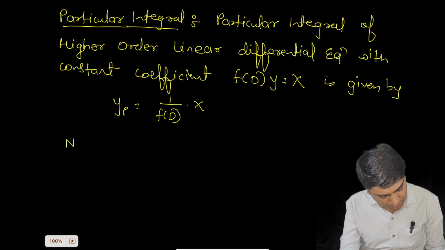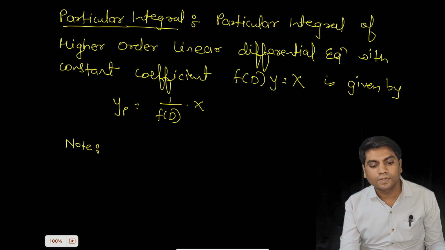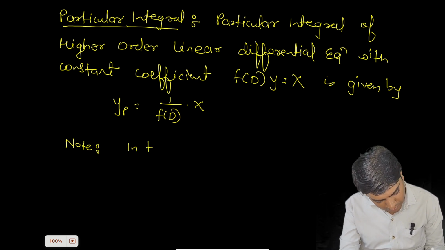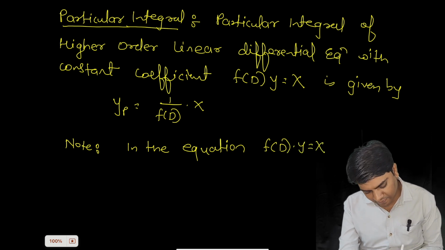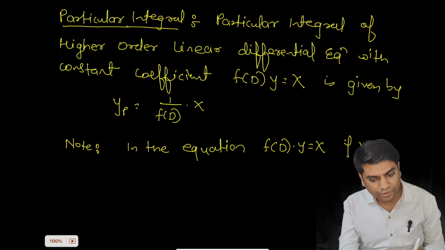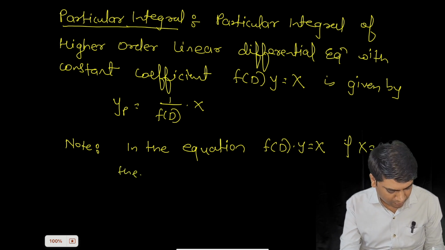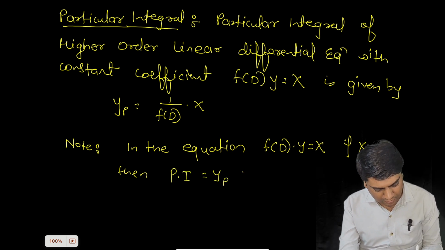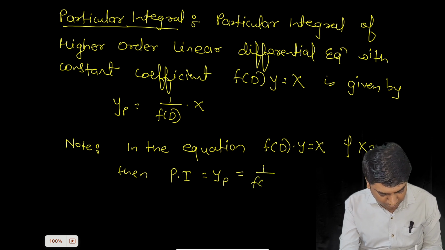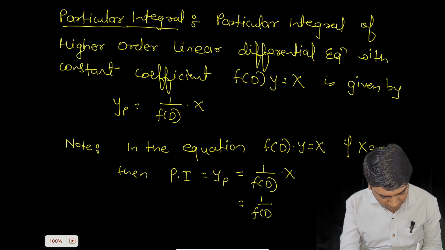So note that in the equation f of d into y is equal to X, if capital X is equal to 0, then particular integral, that is yp, is equal to 1 upon f of d into X, which is equal to 1 upon f of d into 0, which is equal to 0.